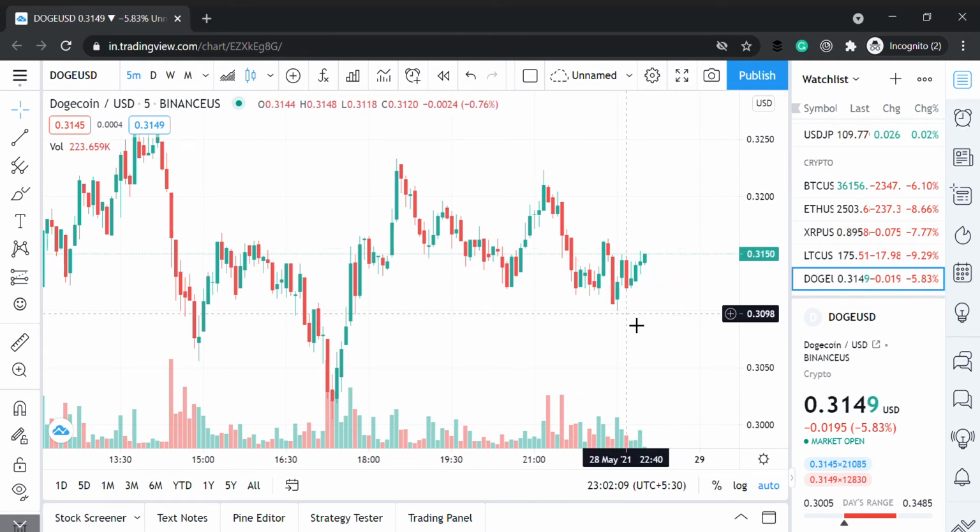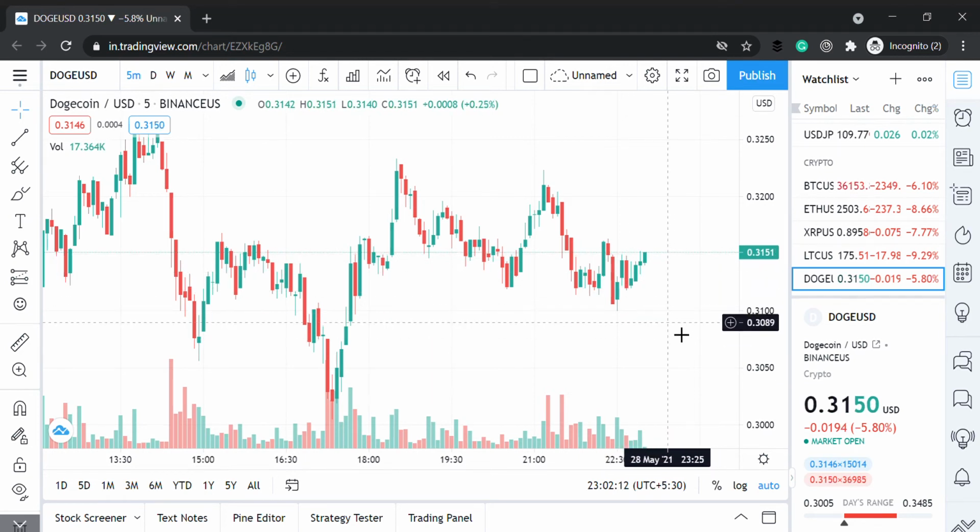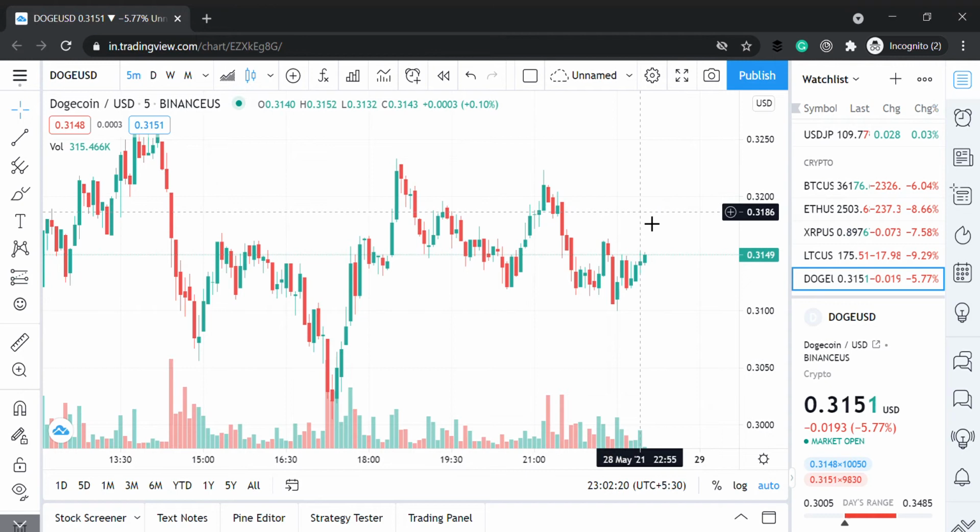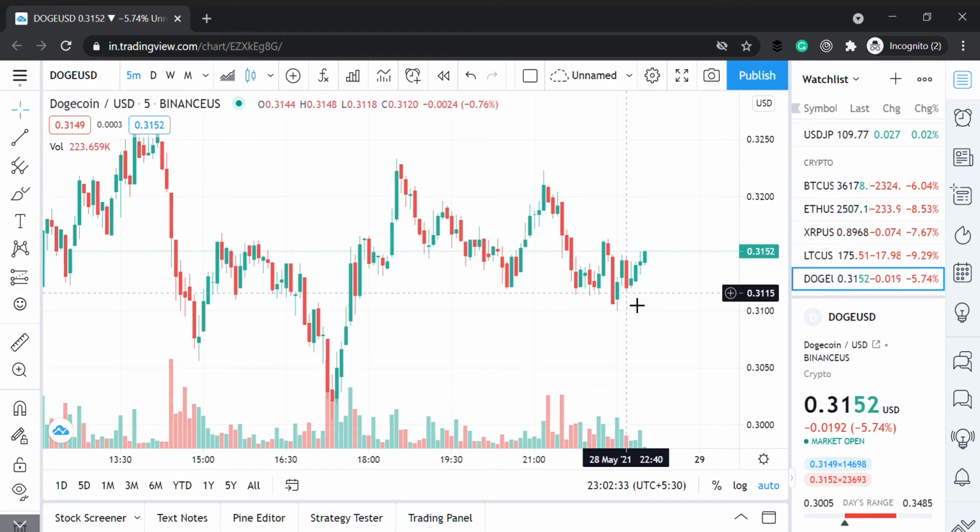Here you can see the price is increasing, 0.315 now, and 0.3149 now. This is a different candle, this is a doji, this is a different candle, this is an inverted hammer, this is again a different candle. So all these candles, whatever you are seeing, are different candles altogether.